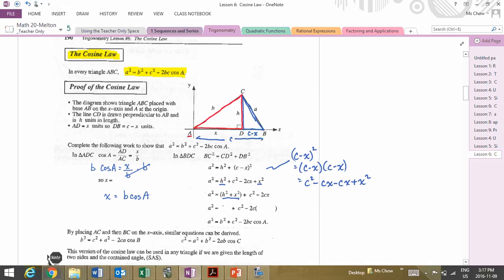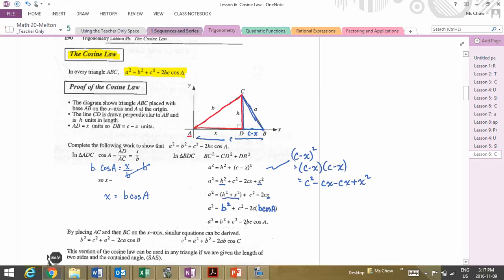So that's why we can replace h squared plus x squared with b squared. And then replacing this x, remember what we did back on the left-hand side with triangle ACD: x is equal to b cosine A. So we'll substitute out the x and put in b cosine A.